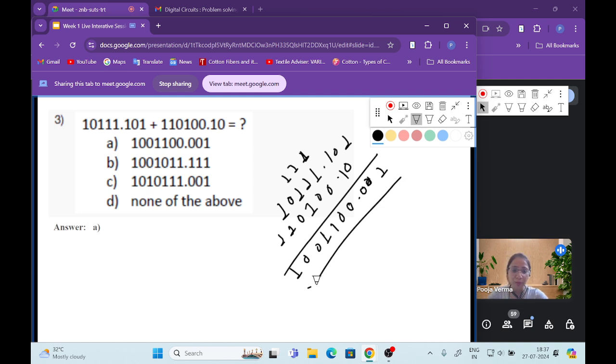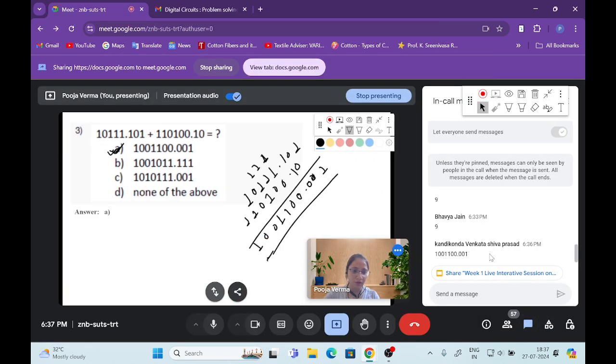It is a simple binary addition question. So you can match from the answers which option is correct. So option A is the correct answer for this question. Okay. Yeah, someone. Yeah, correct.